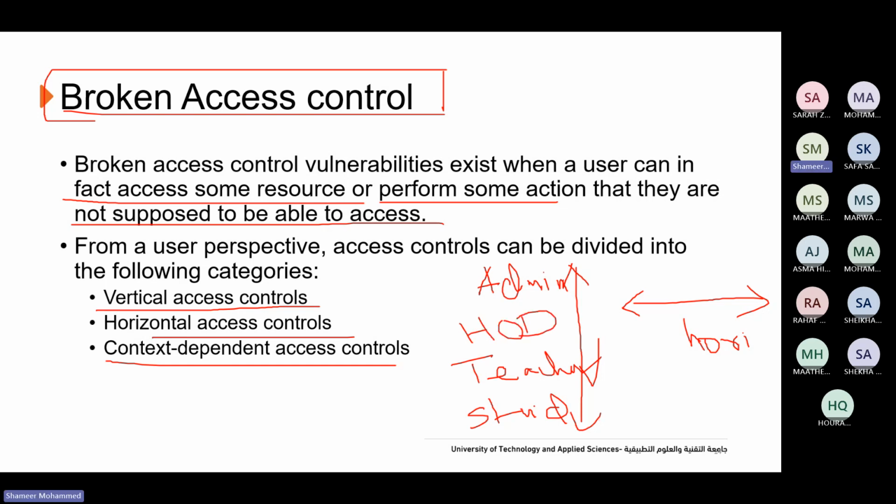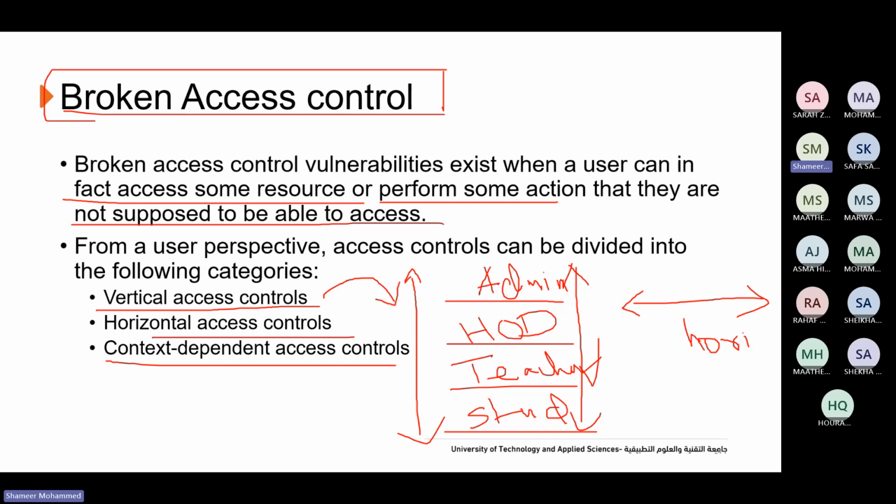So these are levels. The student is at level 0. The teacher is at the first level. The HOD is at the second level. The top level is this one. So in vertical access, you are moving from bottom to top or from top to bottom. This is known as the vertical axis.